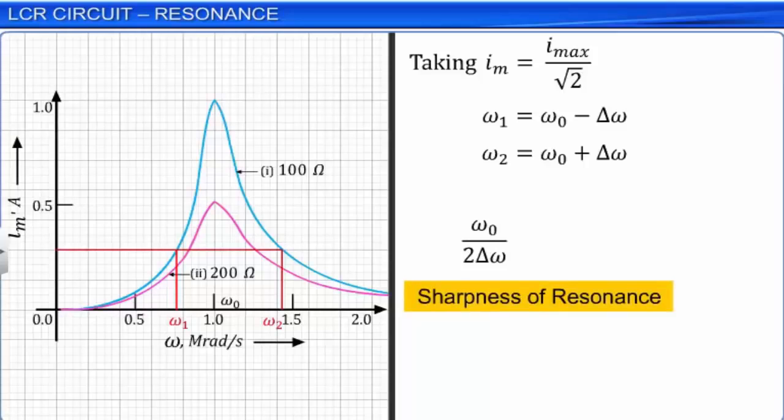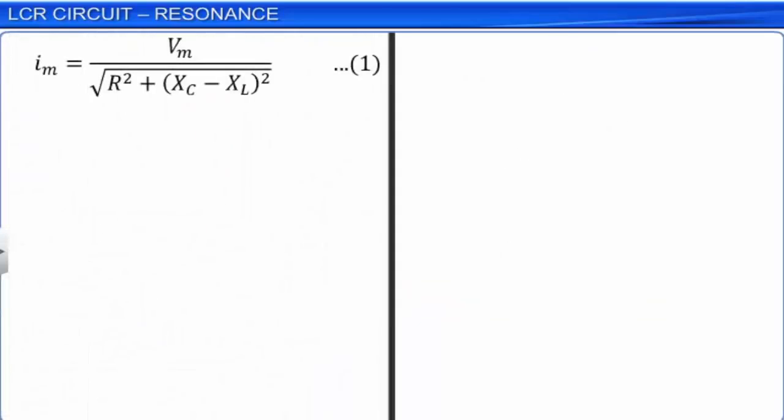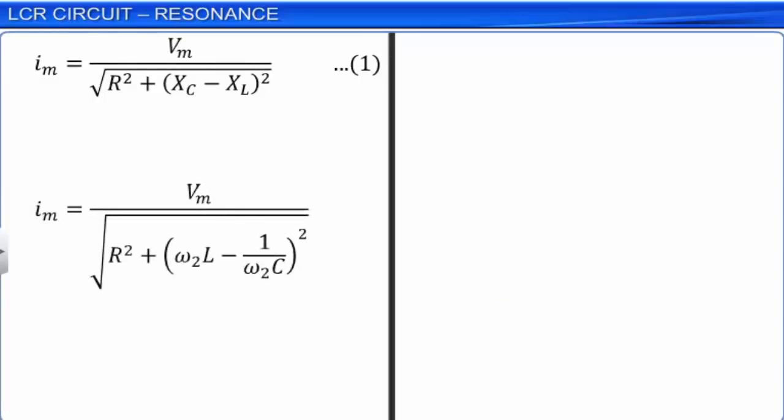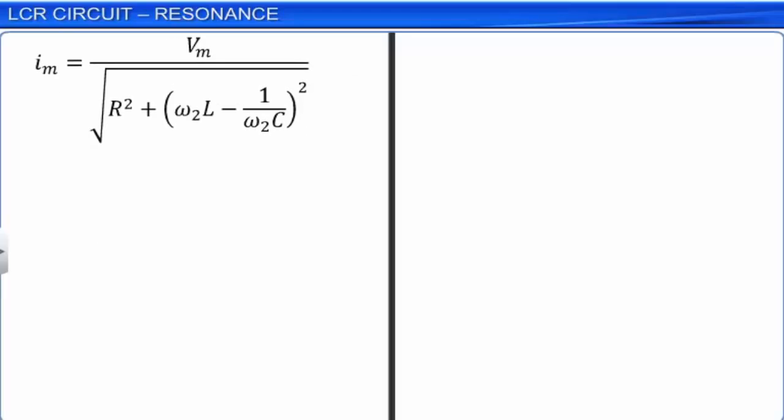Let us now calculate the value of delta omega using equation 1 for the angular frequency omega 2. Since the amplitude of current is 1 by root 2 times the maximum current at resonance, we get I max by root 2 is equal to Vm by R into root 2.